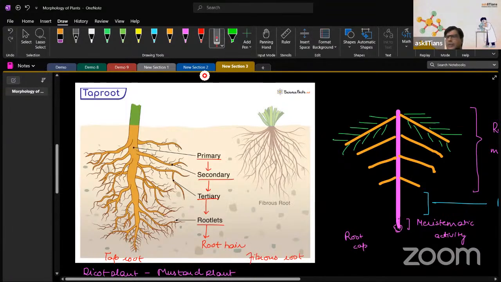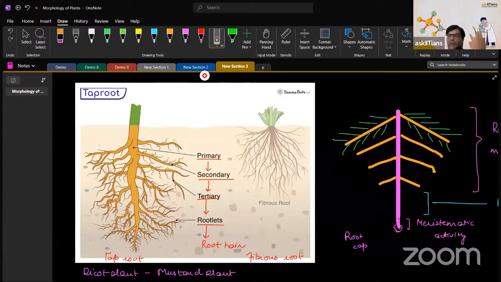The fibrous root is quite simple. The primary root is short-lived, and as a result, from there it basically gives out fibers. As simple as that. So we can say that the taproot, which is a characteristic feature of the dicots, is comparatively much more complex as compared to the fibrous root of the monocots.